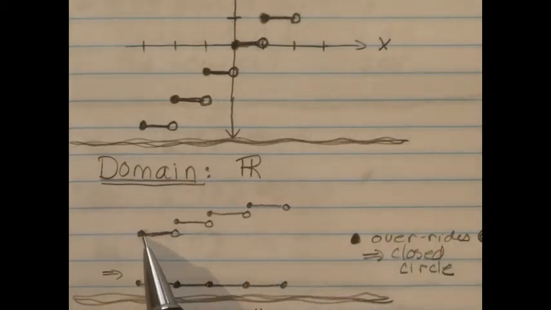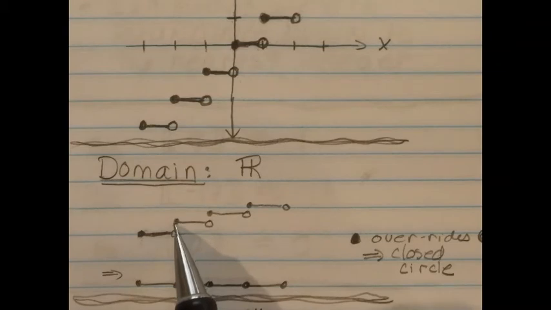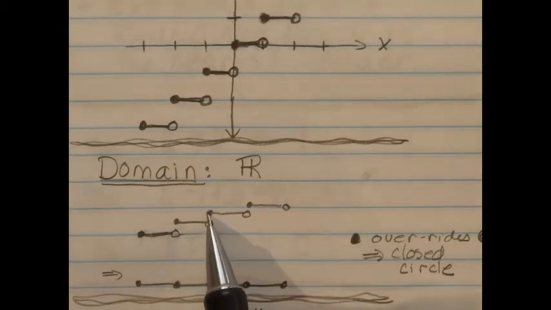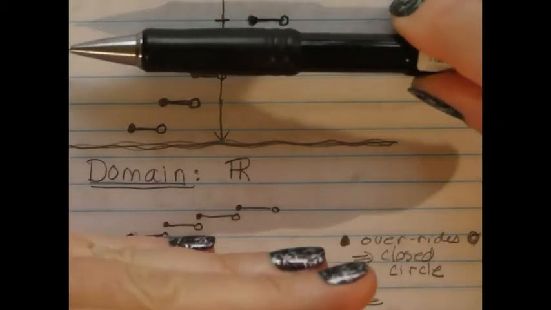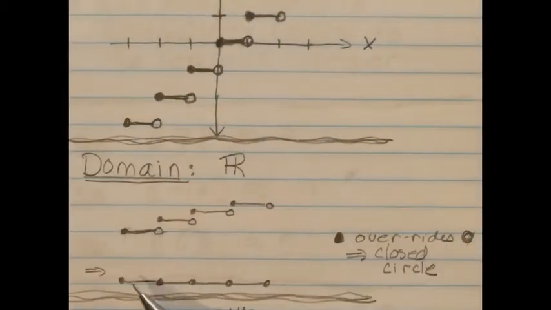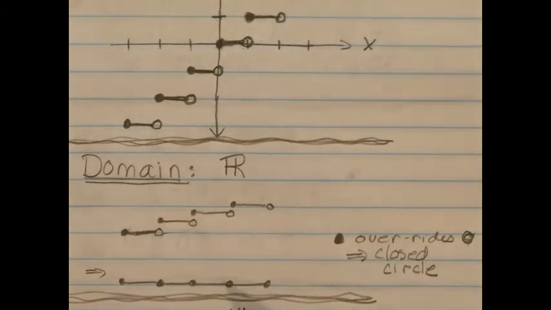So as it stands, my function looks like this. I've got closed, then open. It goes up a unit, closed, then open, then goes up, closed, then open, and so on. If you were to take these and collapse them onto one line, you would get closed, closed, closed, closed, closed.